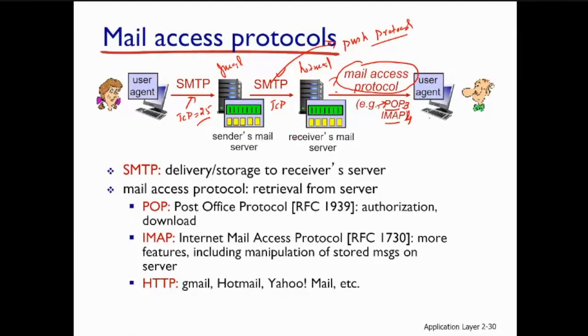But if Bob wants to access this again from another machine, it won't be possible. So for that, we have IMAP, where the folder maintenance and everything can be done on the server. I can access all the messages directly from the server whenever required.